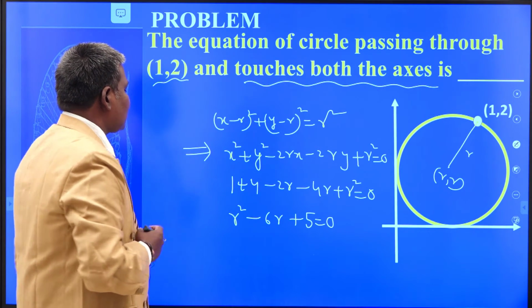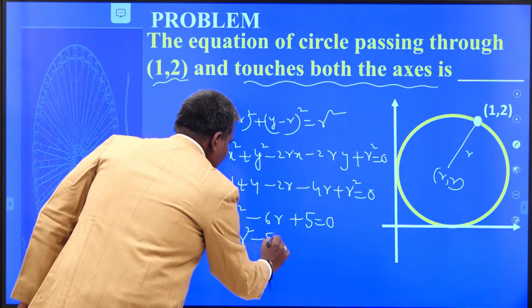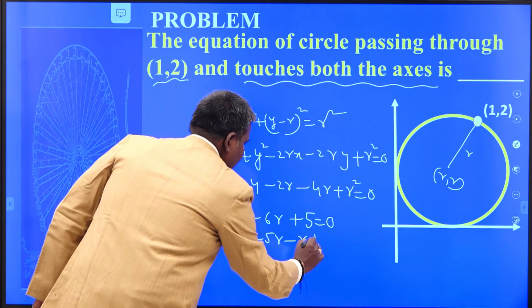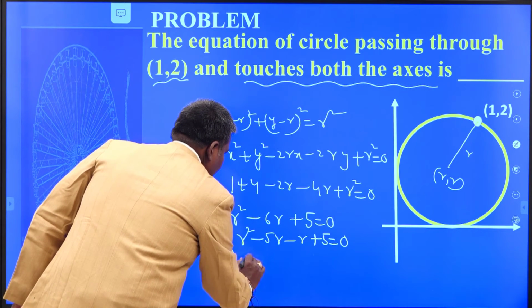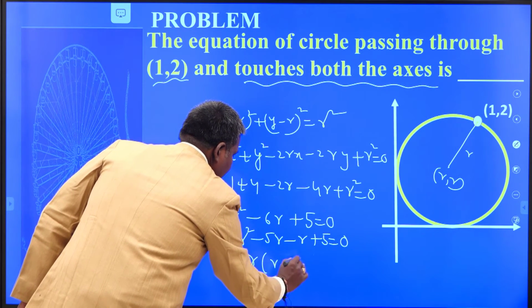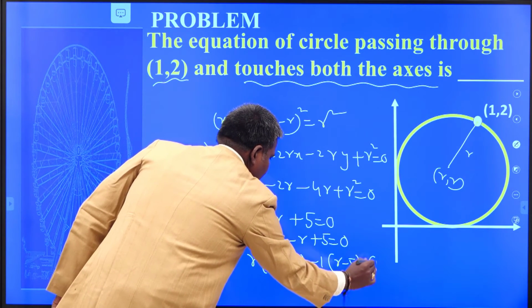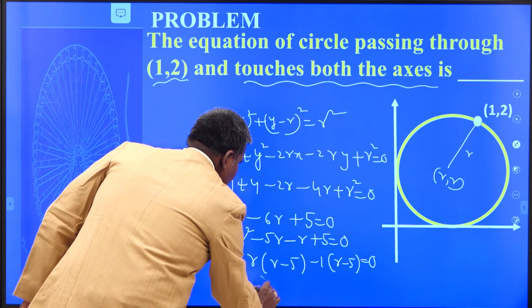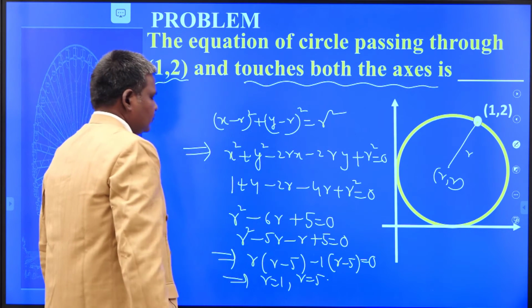Can you get the values of r from this quadratic or not? What is that? R square minus 5r minus r plus 5 is equal to 0. Implies r into r minus 5 minus 1 into r minus 5 is equal to 0. Implies, so either r is equal to 1 or r is equal to 5.